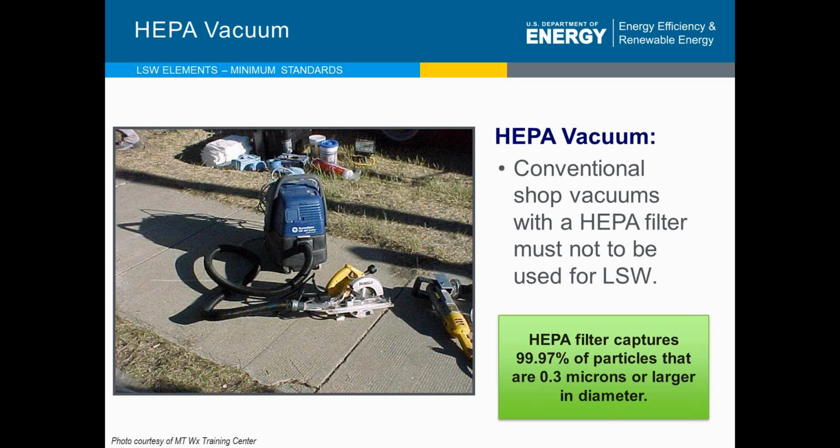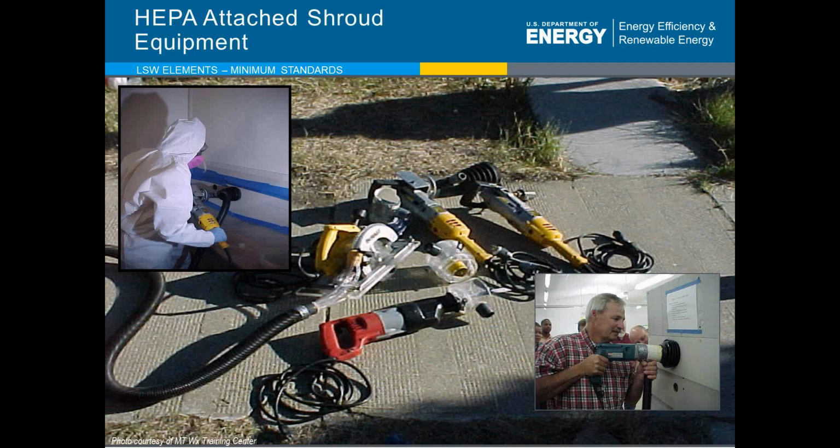And by definition, HEPA is a high efficiency particulate air filter that captures, as you can see there, 99.97% of particles that are 0.3 microns or larger. A reference point would be that the diameter of your hair is 80 to 100 microns. So a HEPA vac is doing one heck of a good job of capturing.